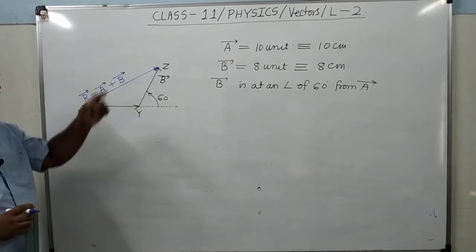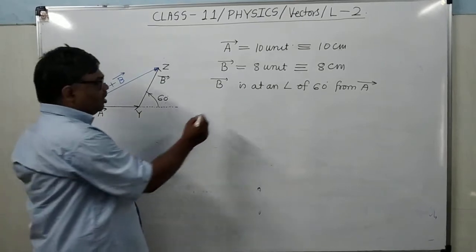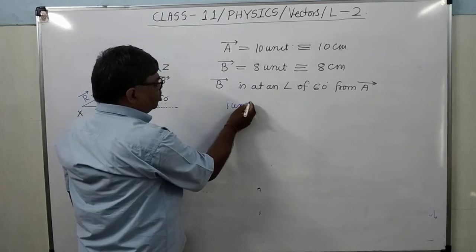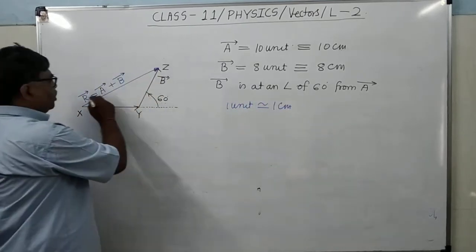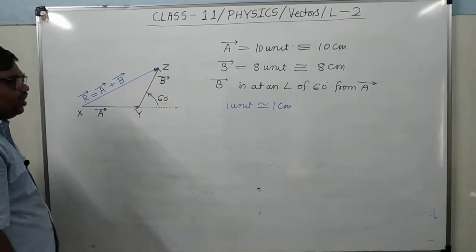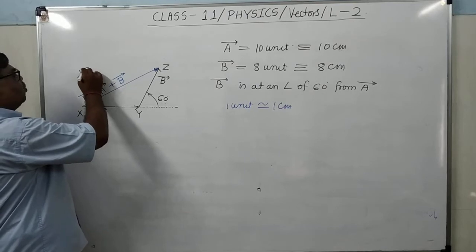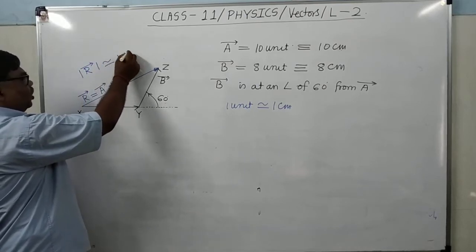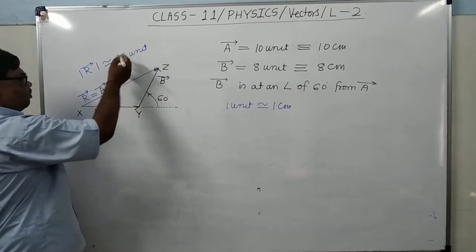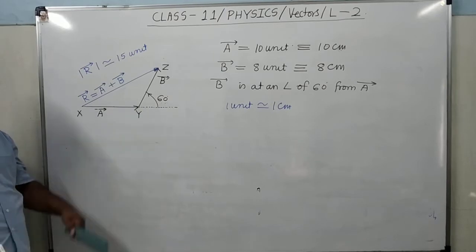Here it comes to nearly 15 centimeter. Already I have taken 1 unit equals 1 centimeter, therefore the magnitude of the resultant vector will be nearly 15 unit. It may be something less or more than 15 unit, because I have not measured the angle correctly.